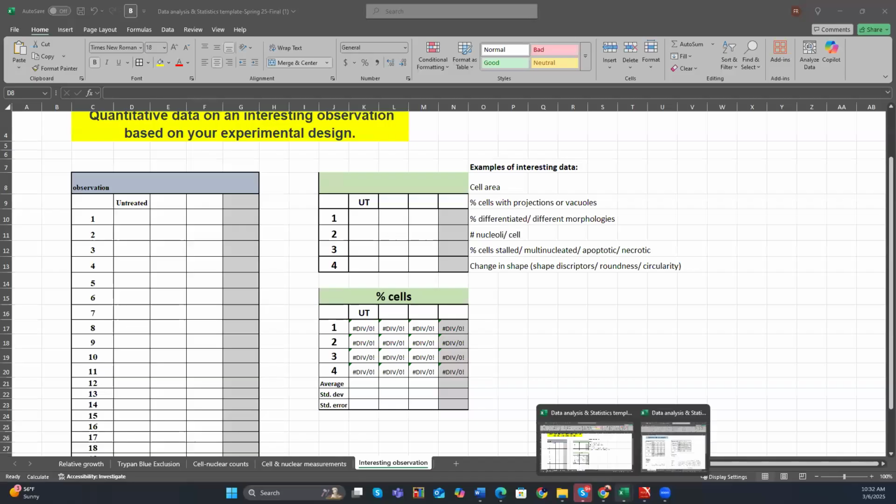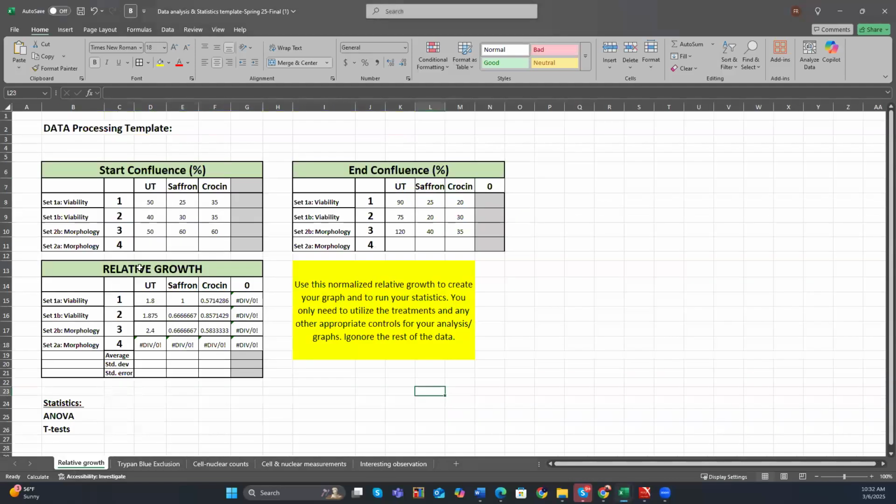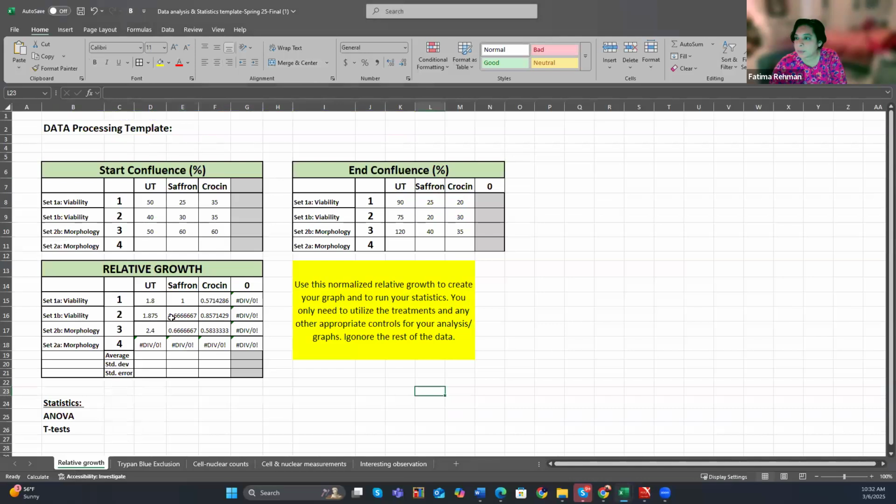I have a question because I forgot what you said, but for the starting confluency and the ending confluency for set 2B, set 2A, morphology, what are we supposed to put? You're supposed to put the starting and end confluence that you put down as question number 1 in morphology. You may only have one number for each of your treatments, or you may have both for each of your cover slips.